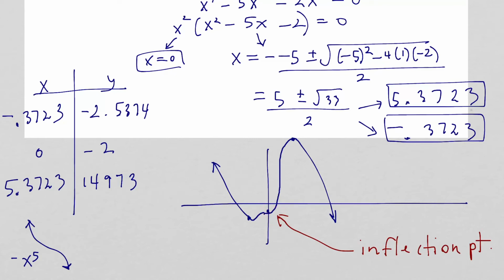Otherwise, I'll create another turn in the graph, which I know is not there because I've only got 1, 2, 3 critical values. The left one I had to turn to hit this one, and this one has to turn to go back down here. But if I turned here and went down again, I'd have 1, 2, 3, 4, and I know I've only got 3. So this has to be an inflection point here.